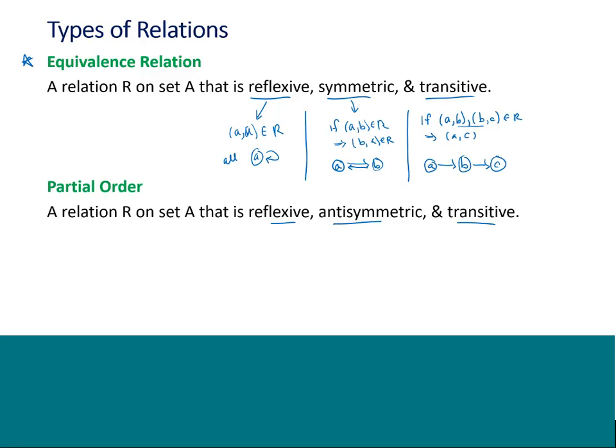We're doing it in the sense that you have 2 arrows strung together. You can always then find a 3rd arrow that's essentially like a shortcut. Okay. So those were our 3 properties of reflexive, symmetric, and transitive.